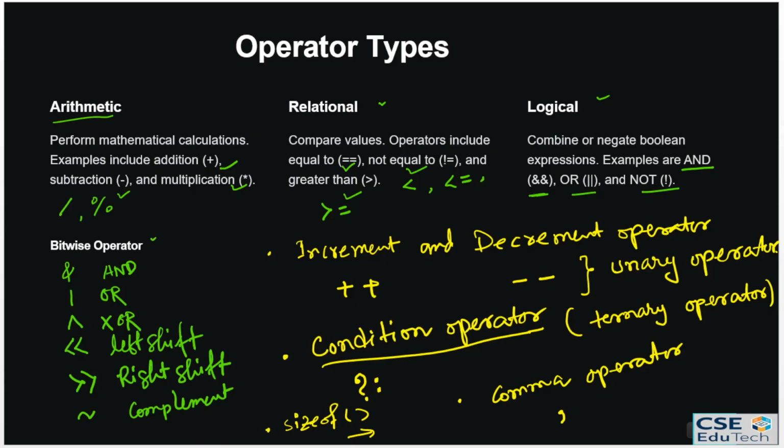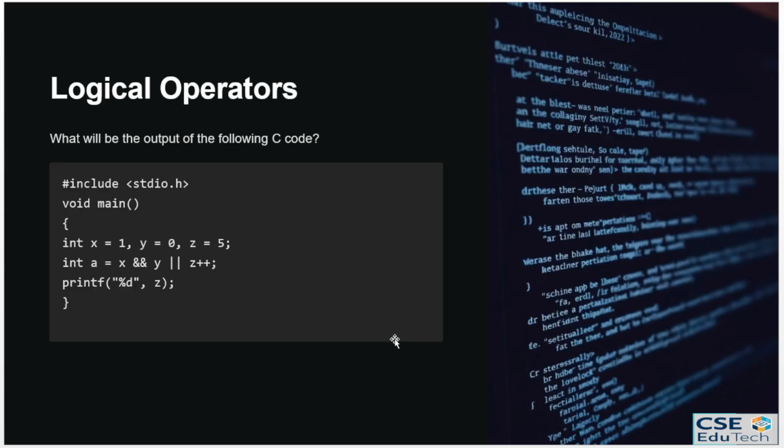Now we'll give an example of these operators. Look here, this is an example of the logical operator. What will be the output of the following code? Initially, the value of x is equal to 1, y is equal to 0, and z is equal to 5.